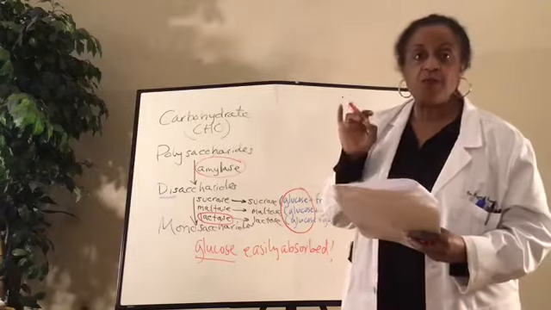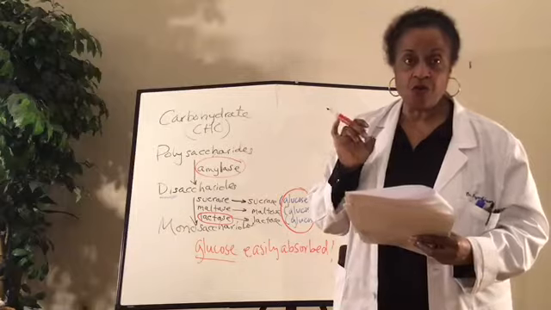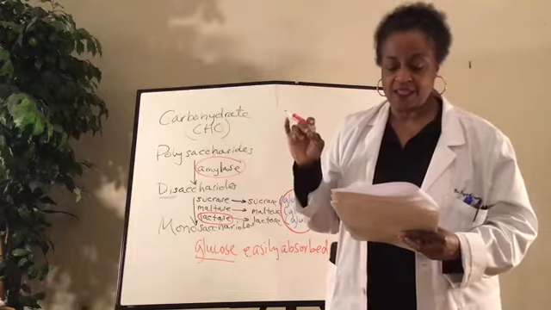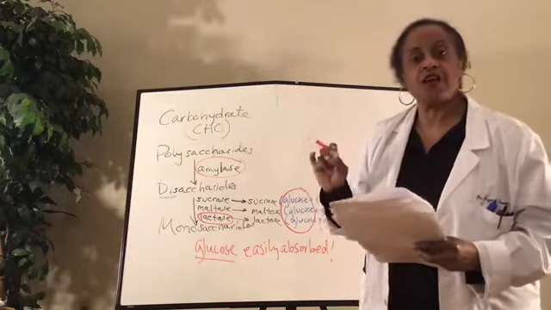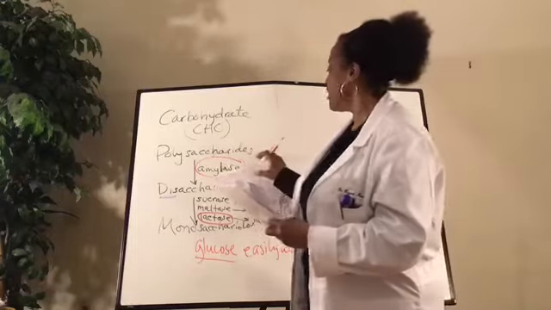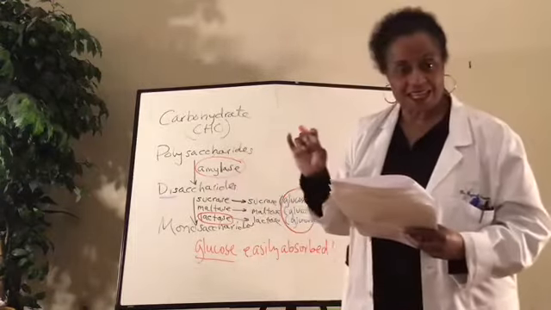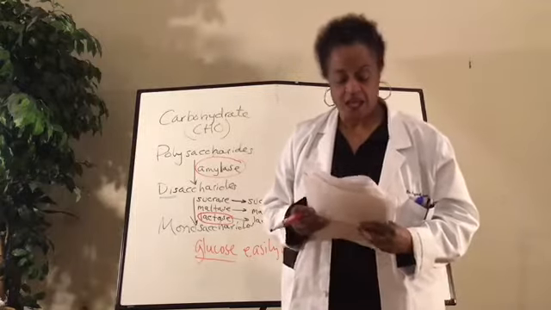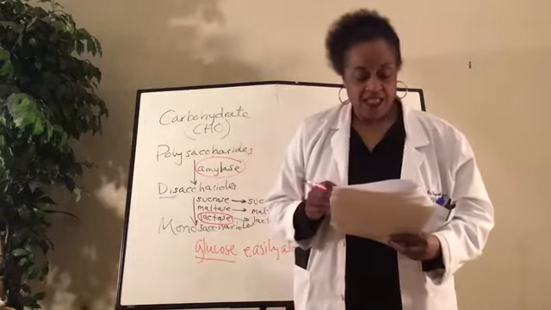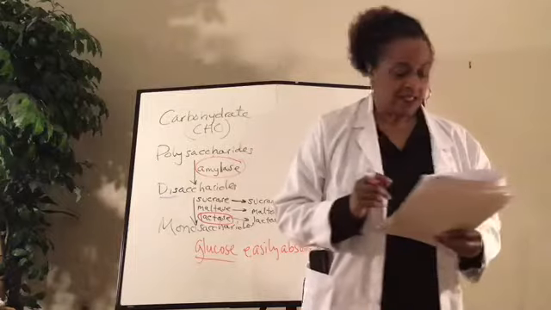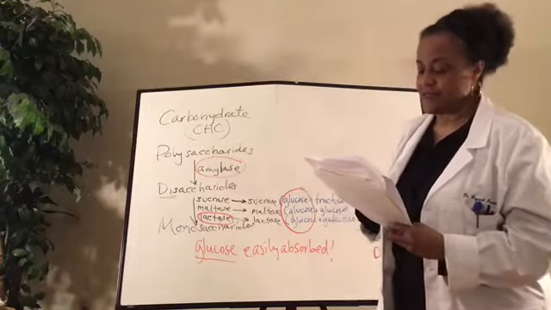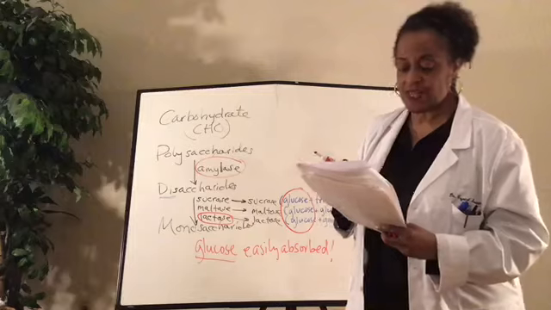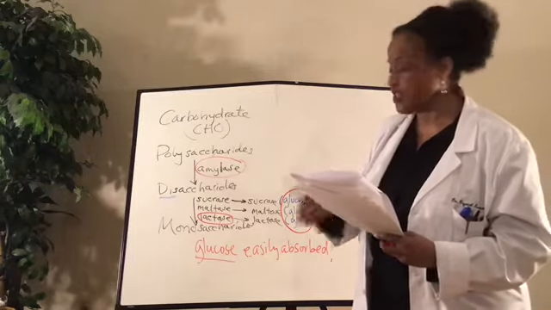It functions best in the neutral to slightly acid pH range, and that's characteristic of saliva, to be neutral to slightly acidic. I think I'm going to ask a question about that in the exam. The enzymes sucrase, lactase, and maltase catalyze the final steps of carbohydrate digestion.